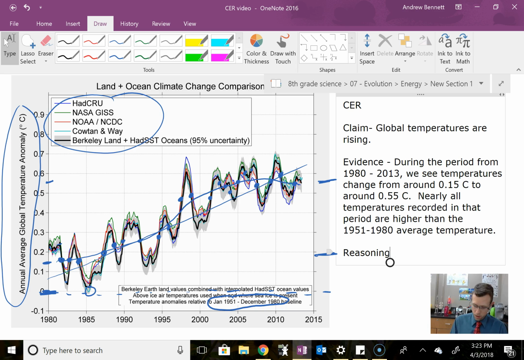Okay, so our reasoning on this, we're trying to connect what we see on the graph to this claim that global temperatures are rising.